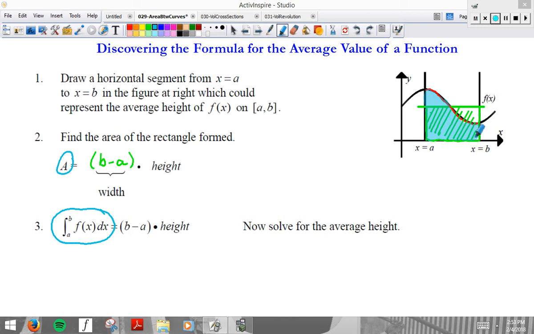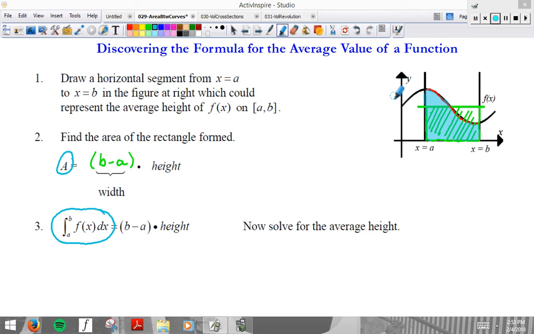Well, the basic idea here is that if all this blue was, let's say, sand or even water, would it fit into my green bucket?